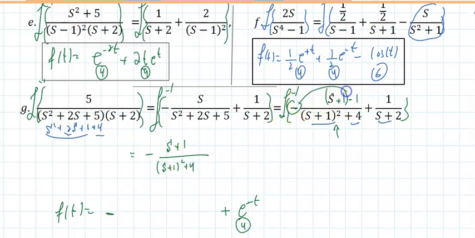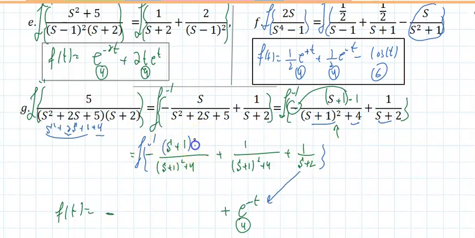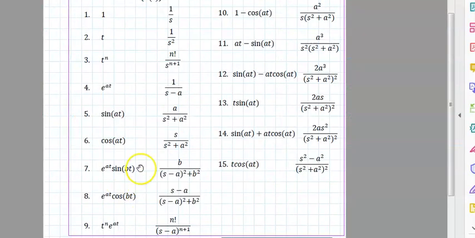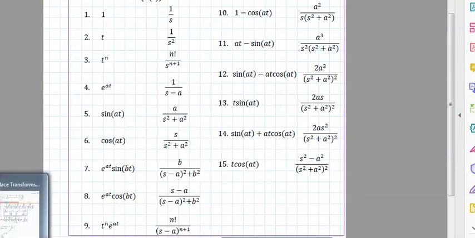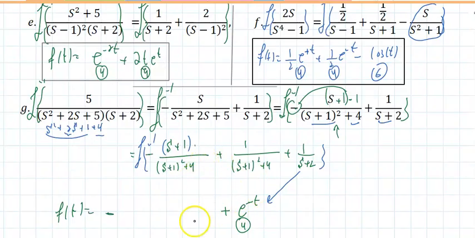My negative times a negative is a positive 1 over s plus 1 squared plus 4 plus 1 over s plus 2. And if I'm applying the inverse Laplace transform on that, this piece I already got. Now this piece matches 6. I need to find a, so by 6, I know what this piece will equal, s plus 1.